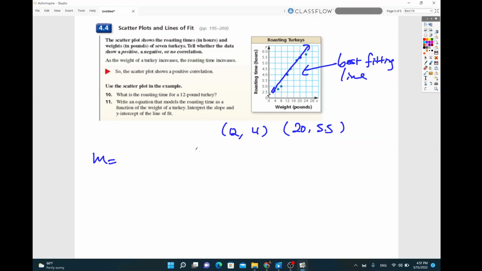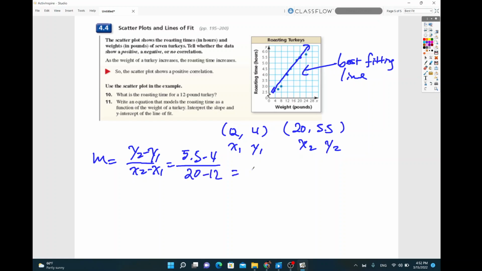So again, using the slope formula, y2 minus y1 over x2 minus x1. So give the names for the numbers: x1, y1, x2, y2. So we got 5.5 minus 4 all over 20 minus 12.